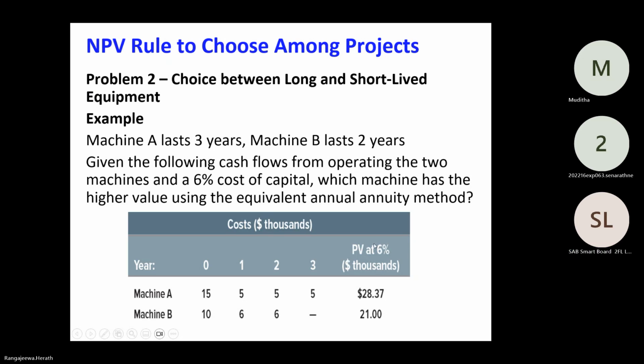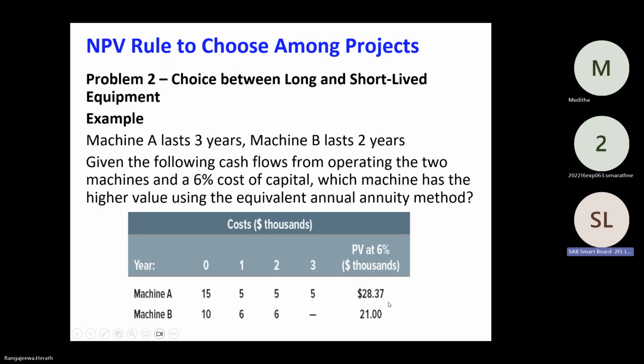The initial cash outflow for machine A is 15 million with a maintenance cost of 5 million each year. Machine B costs 10 million to purchase, with a maintenance cost of 6 million.